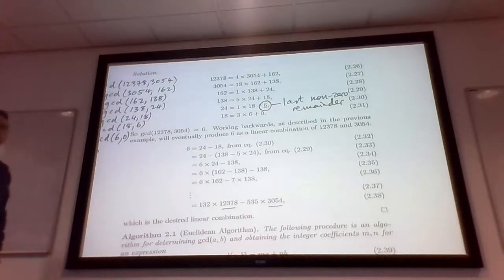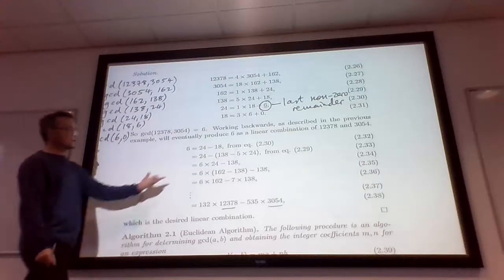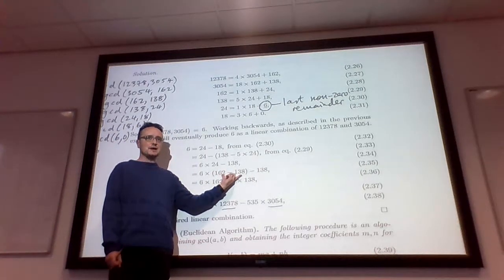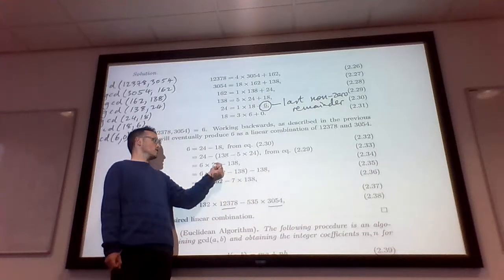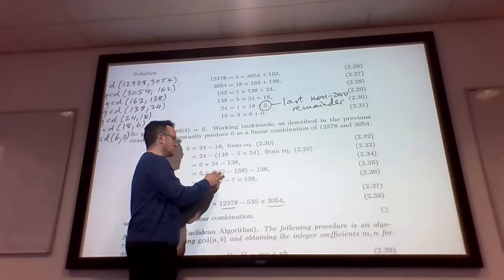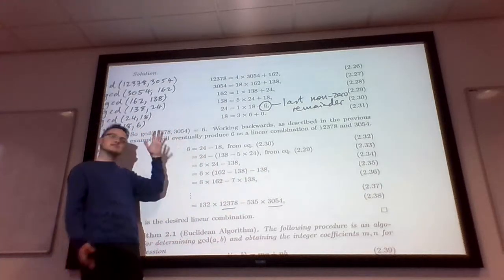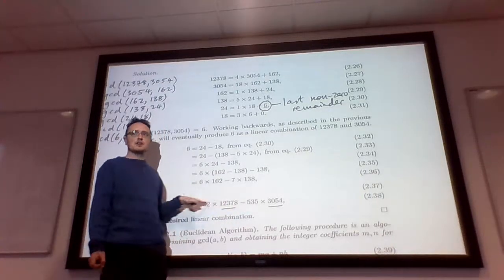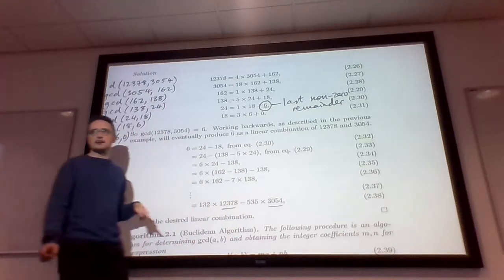But what you want to avoid is actually evaluating, because if you evaluate that bracket, you just go backwards to 24. Or if you ever did evaluate the whole thing, you just go straight back to 6. That's not where you're trying to get. You're trying to construct these coefficients, the 132 and the minus 535.